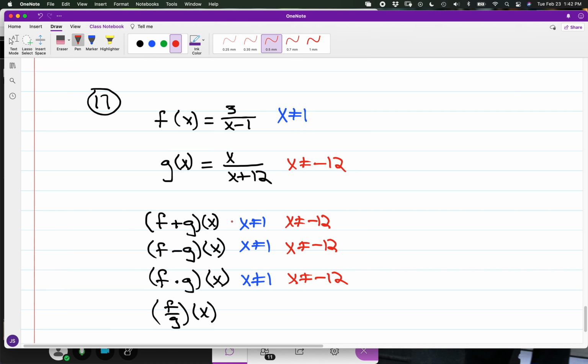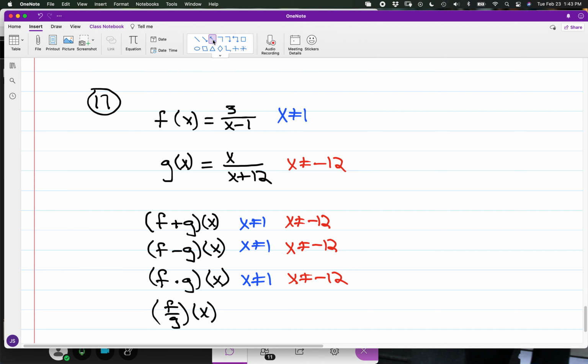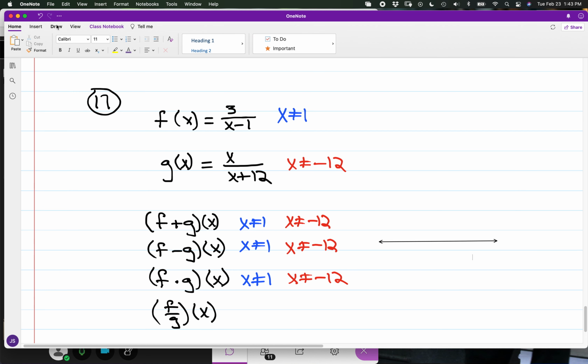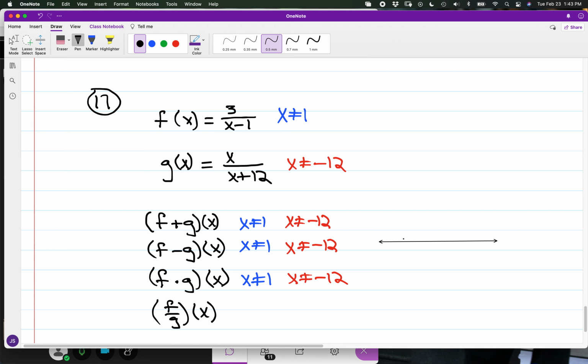To work with f, x cannot be equal to 1, and to work with g, x cannot be equal to negative 12. So we're leaving out both negative 12 and 1. You have a hole at negative 12 and a hole at 1.